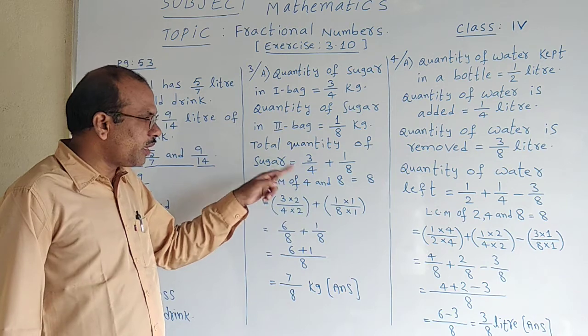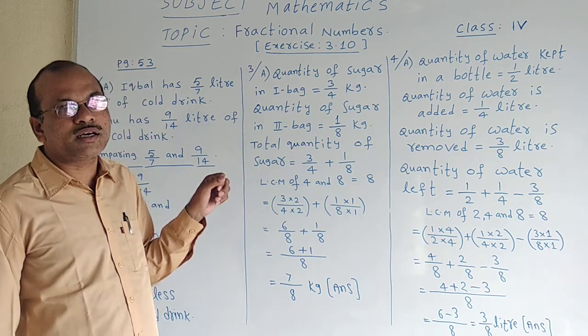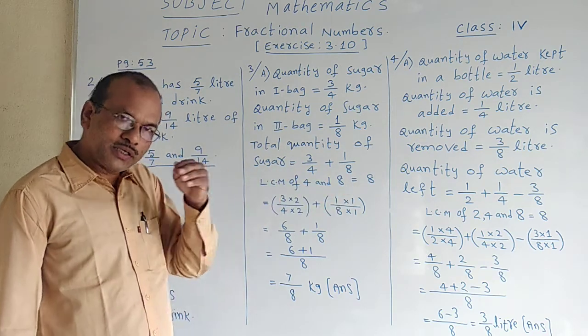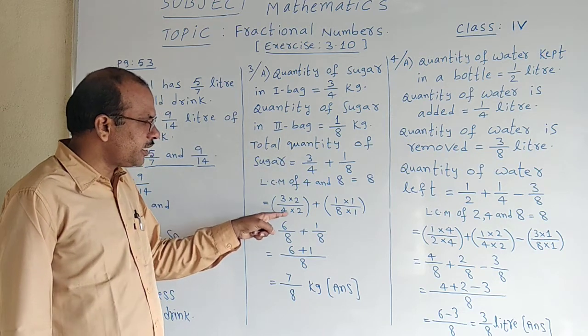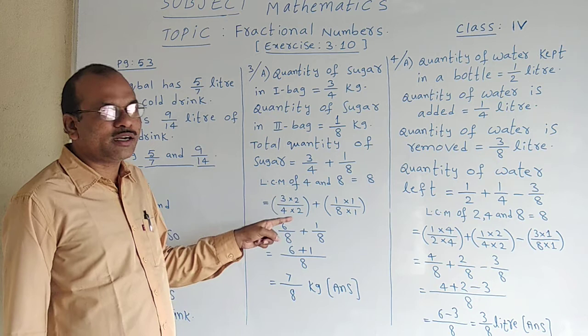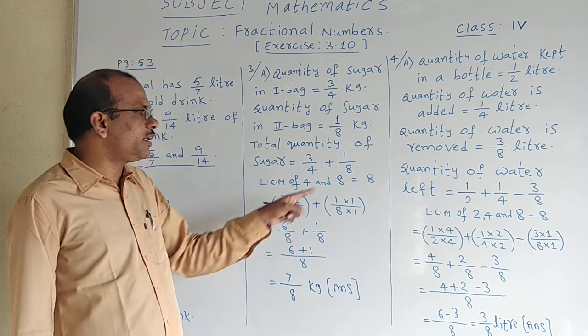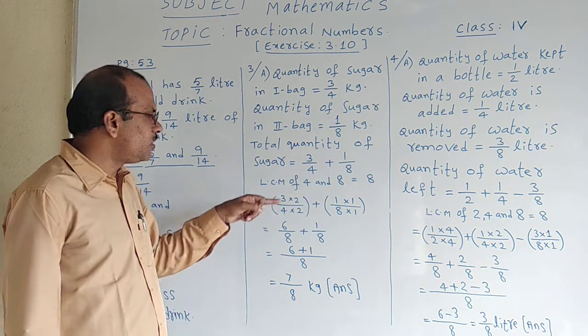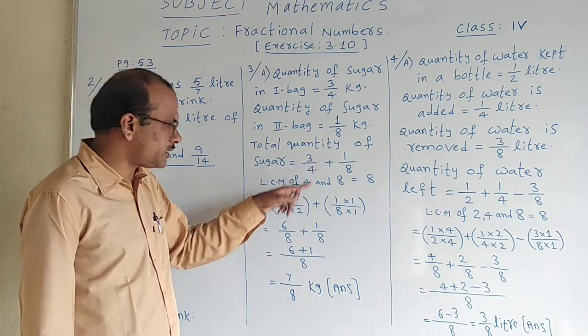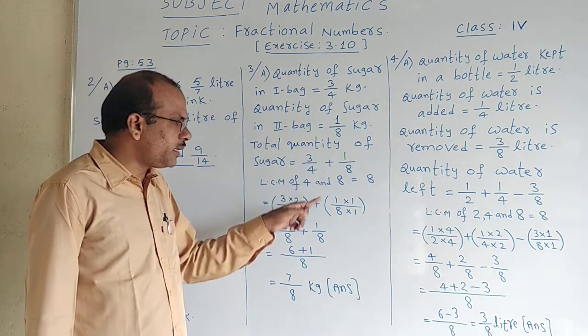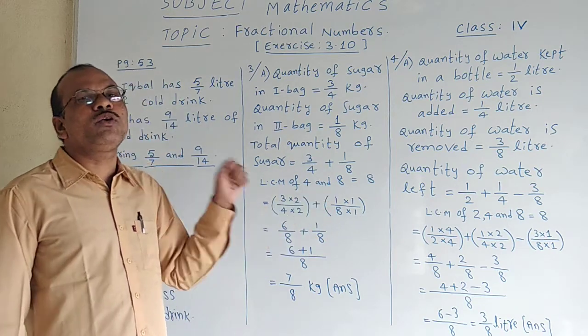Now we have to convert every denominator to our LCM, that is 8. Is it clear, students? Then 3 by 4 into 2 by 2 I have written, because 4 twos are 8, that is our LCM. So I have to write 2 in the numerator and denominator also. Then plus symbol. Again 1 by 8 into 1 by 1 only is required here.